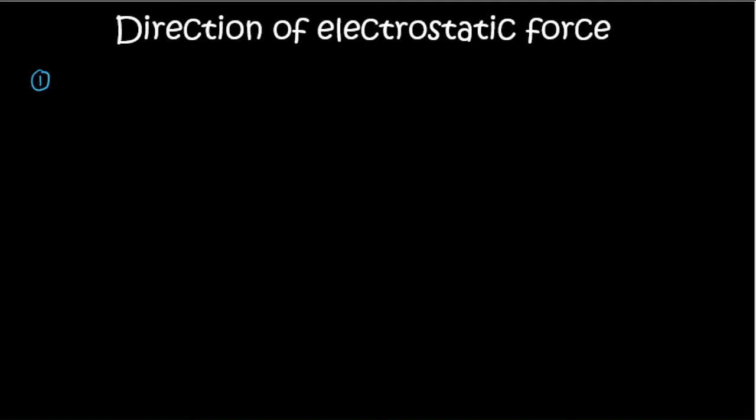Let's say we have positive charge Q1 and positive charge Q2. If Q1 and Q2 are both positive charges, you will know that it will produce a repulsive force between them. Now please refer to the question.